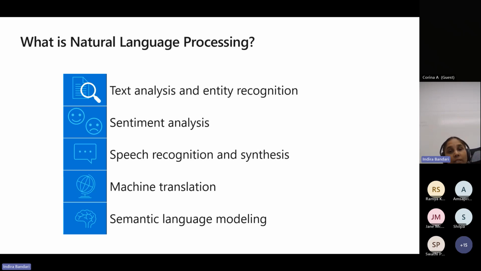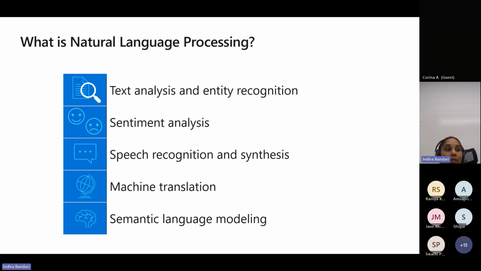Now, next comes speech recognition and synthesis. It's increasingly common these days to encounter AI systems that can recognize spoken language, what kind of language it is, and also synthesize spoken output.